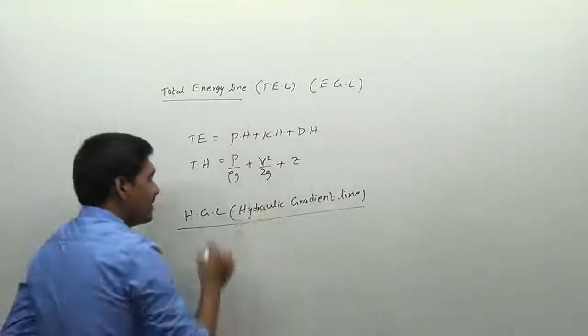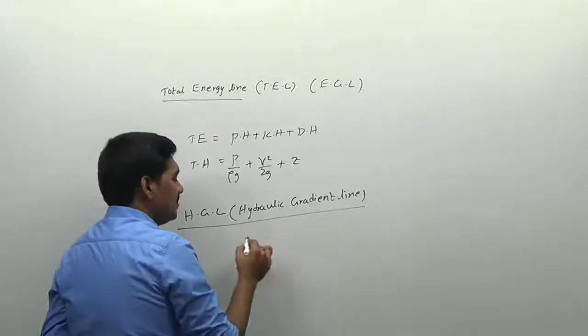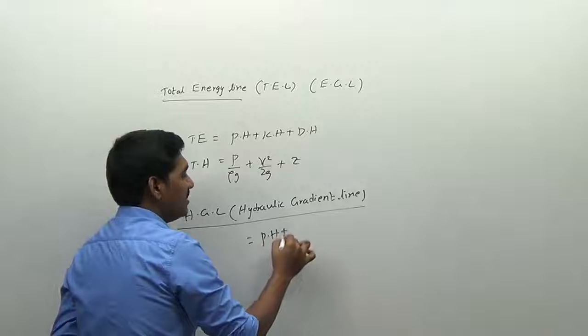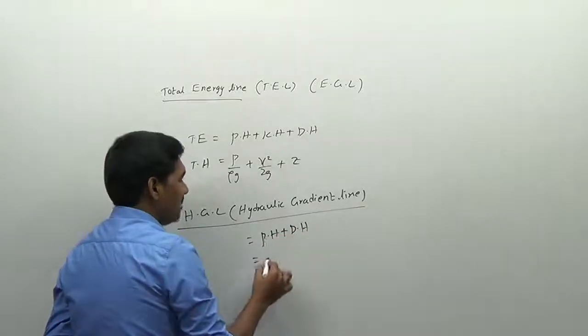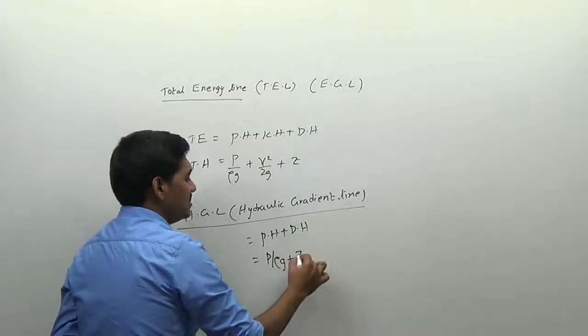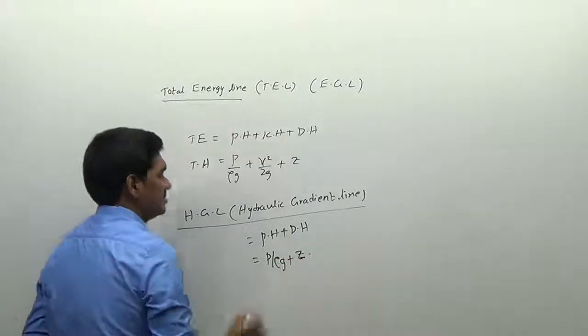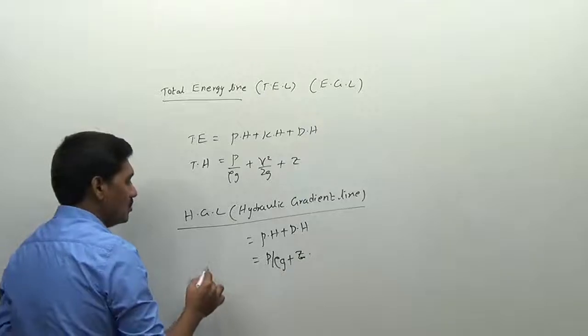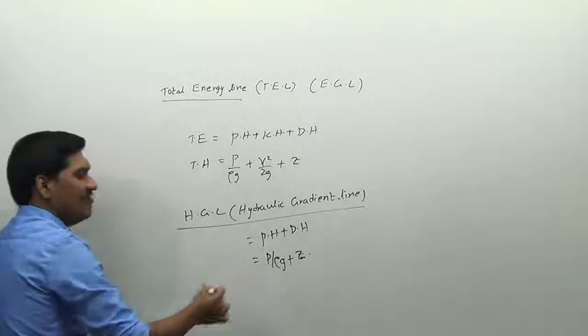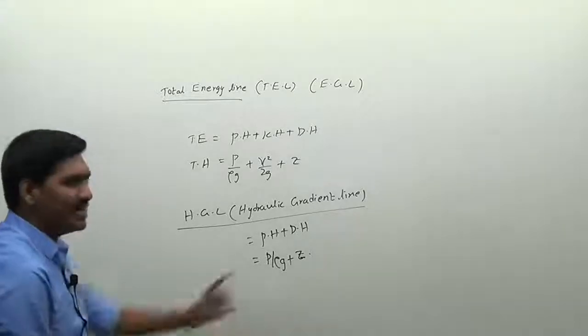The hydraulic gradient line plots the energy for only the values of pressure head and datum head. Therefore, I can write this value as P by rho g plus Z, which is always equal to the hydraulic gradient. This value is obtained by removing the kinetic head.